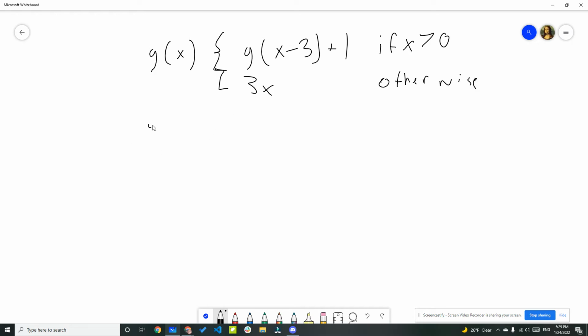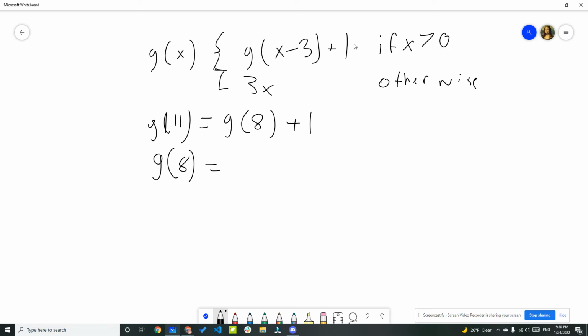So you start with g of 11. The way you solve this is, since x is greater than 0, you return g of 11 minus 3, which is 8, plus 1. So g of 8, you slowly narrow down.